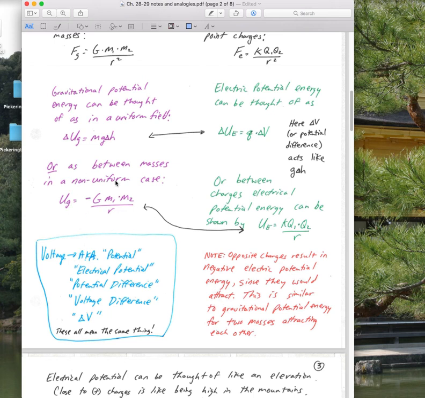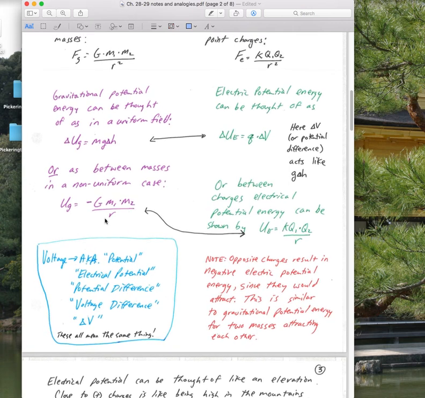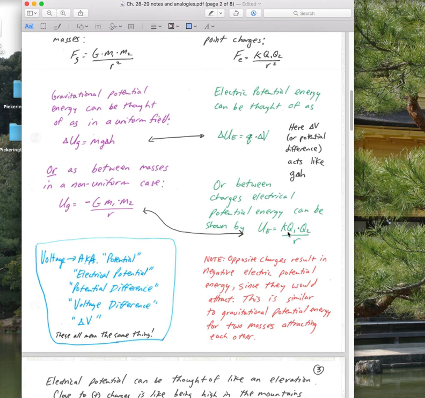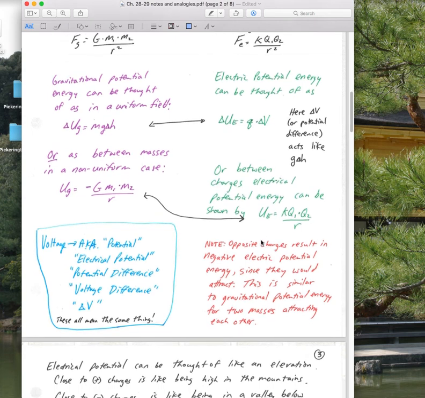That's similar to over here, gravitational potential energy. Two masses always attract, and they have negative potential energy. If we have two like charges, two positives or two negatives, this comes out to a positive value. Those charges would repel, and they would have positive potential energy.